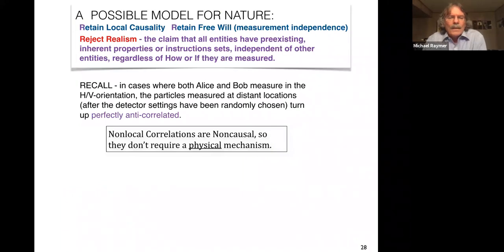One thing you might say is that these non-local correlations don't require any physical mechanism. In other words, there's no conspiracy, there's no hidden activities going on that we're not aware of. Not all correlations are necessarily caused by causes.